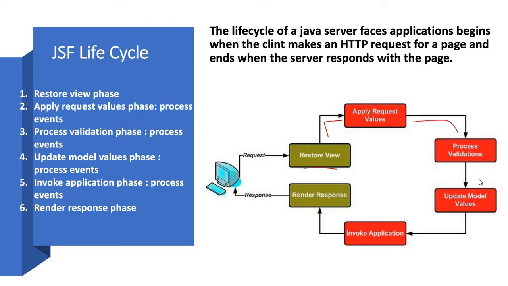After that, update model values and invoke application. Then at last, it goes to render response and responds to the client. So they are all the 6 phases of the JSF lifecycle. We discuss each phase in this video.